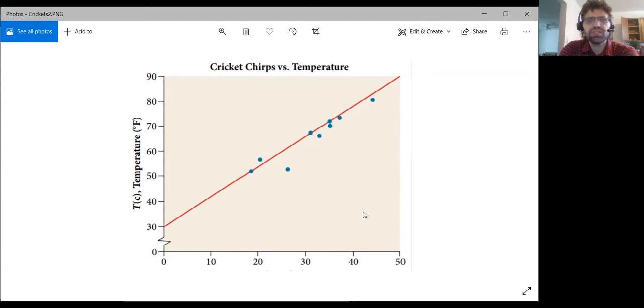And the process of taking the data set and finding the equation of the line that comes closest to passing through all the points is called linear regression. And that's what we're going to learn how to do and what we're going to study in this section.